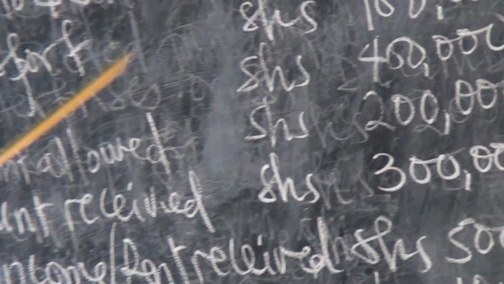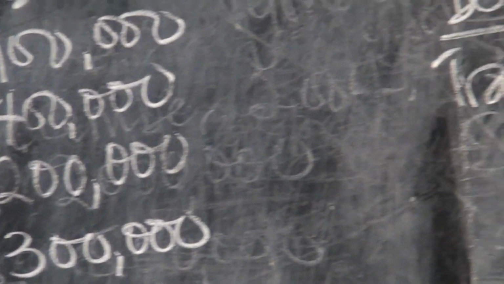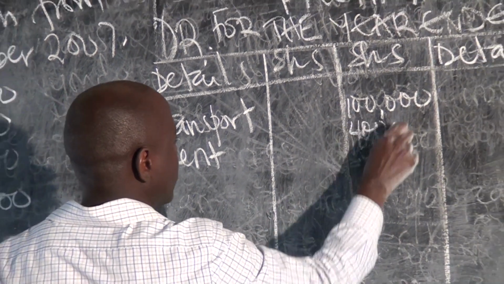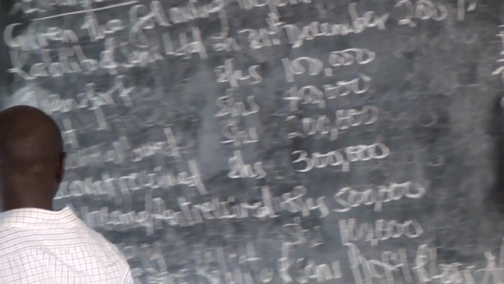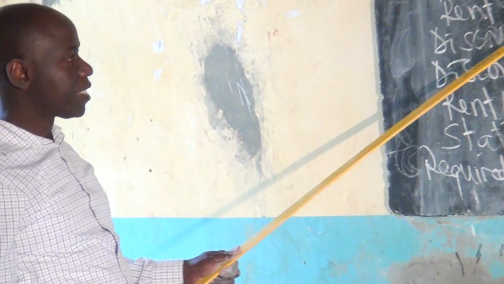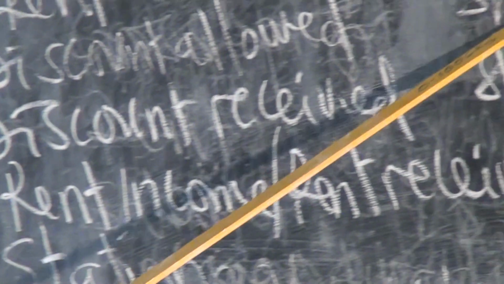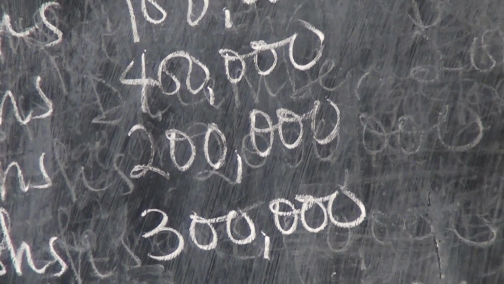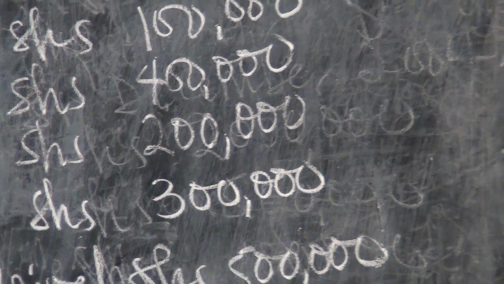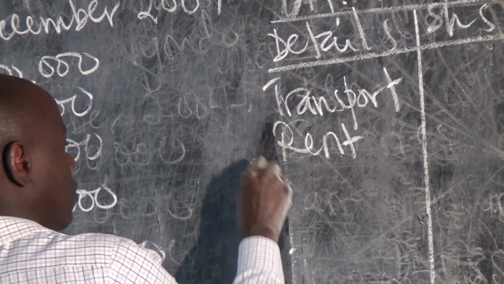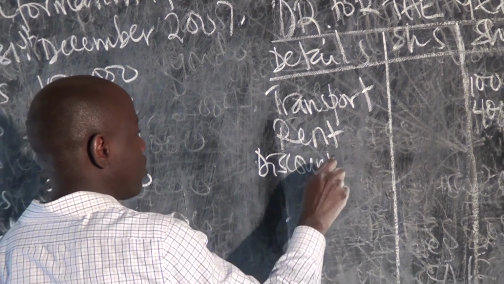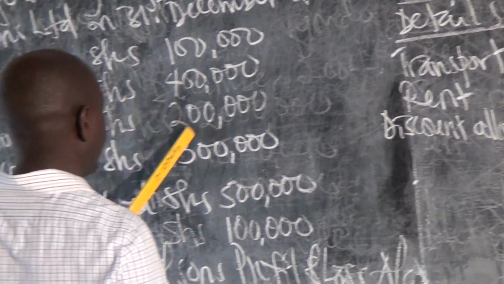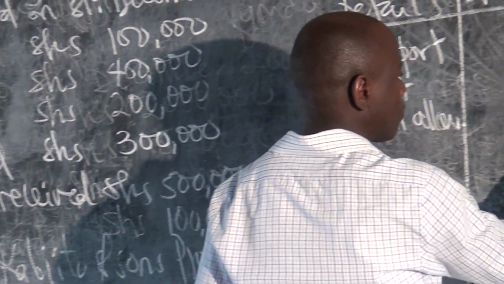Rent has 400,000. Another expense is the discount allowed. Discount allowed is an expense for the business. I told you already, some people call it sales discount, which is an expense for the business. Discount allowed, 500,000.